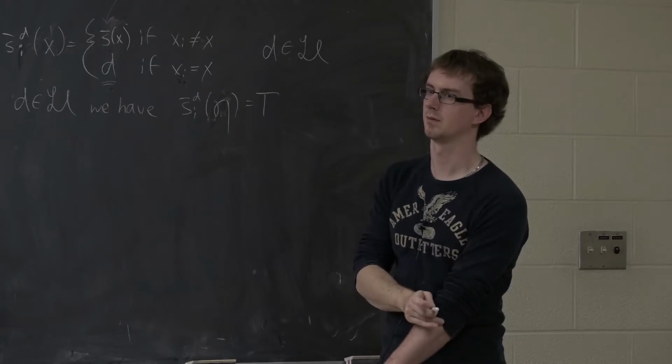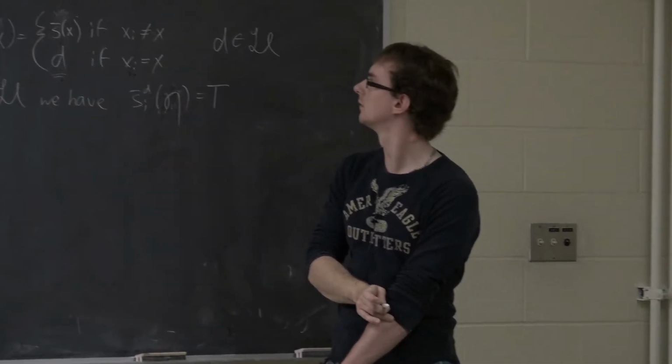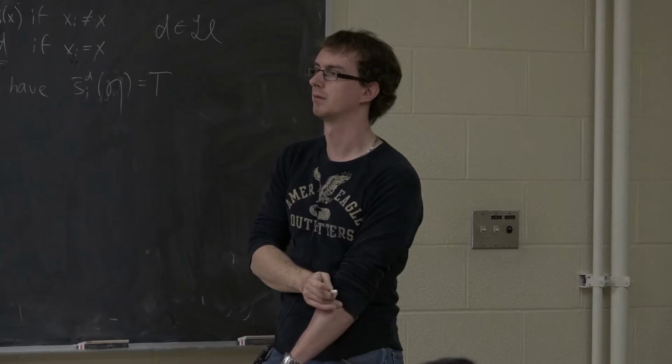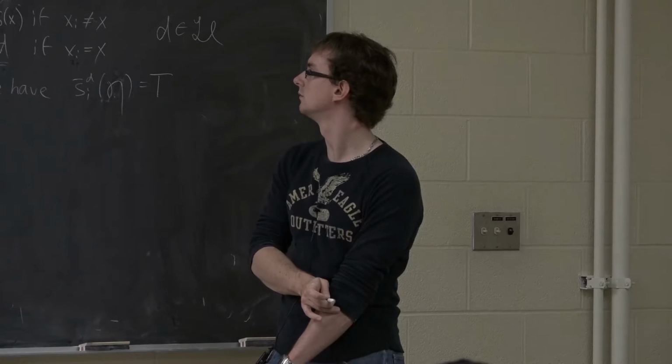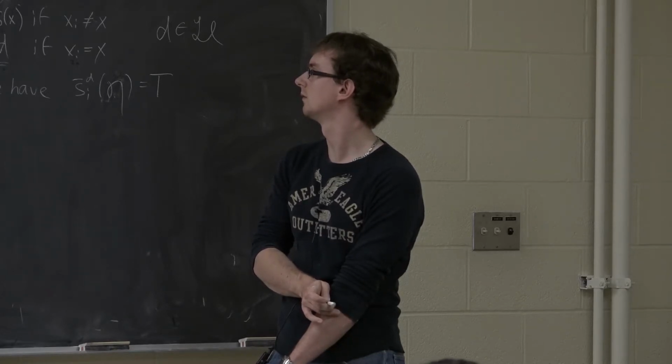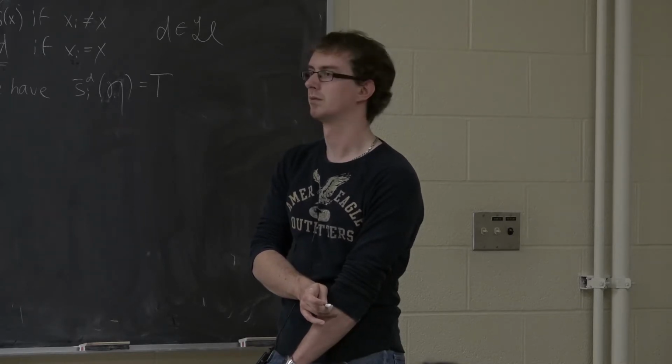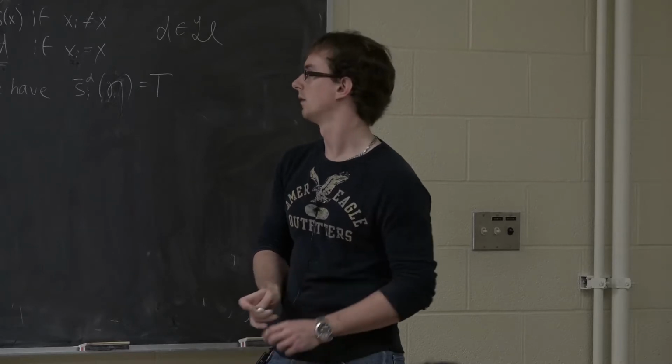In the case that xi equals x, that S_{i,d} function returns d, but d is an element of the universe, whereas later you're comparing the result of that function to true. How can it return d if it's supposed to return a true or false value?